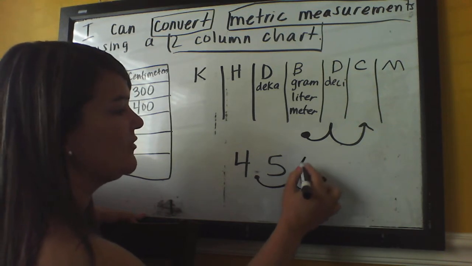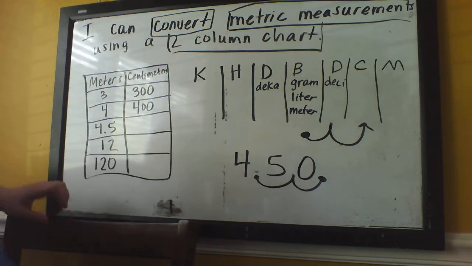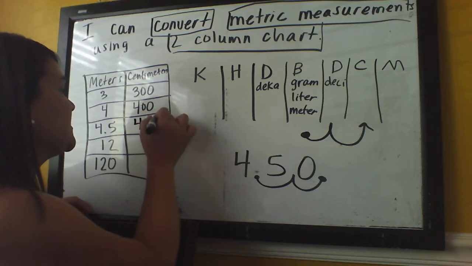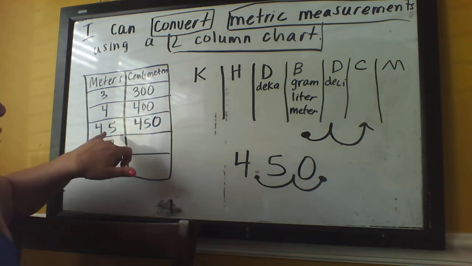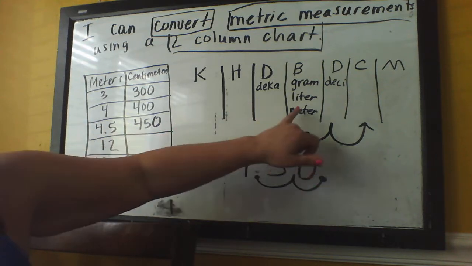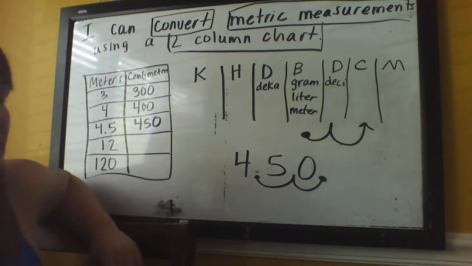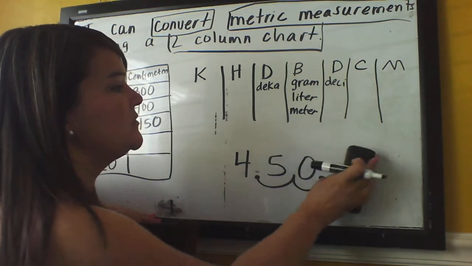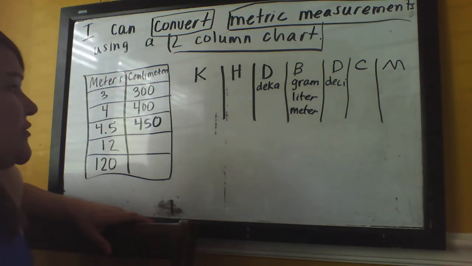This time I only need 1 placeholder. So in 4 5/10 meters, there are 450 centimeters, because it's 100 times bigger going from meters to centimeters. Every time you move a place, it's times 10, then times 10 again, and 10 times 10 is 100. So meters are 100 times bigger than centimeters.